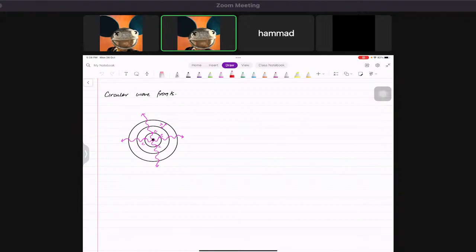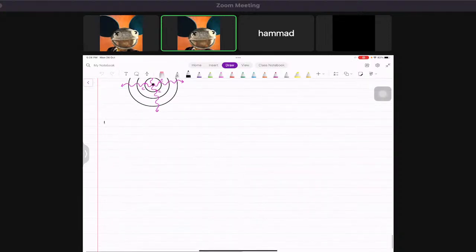So today we are going to start off with something called intensity of a wave. Now, intensity of a wave is defined as power transmitted per unit area by the wave.